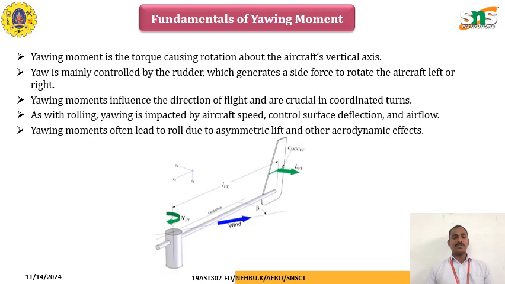Coming to the fundamentals of yawing moment: it is a torque causing rotation about the aircraft's vertical axis. Yaw is mainly controlled by the control surface rudder, which generates a side force to rotate the aircraft in the left or right direction. Yaw moments influence the direction of flight and are crucial in coordinated turns.